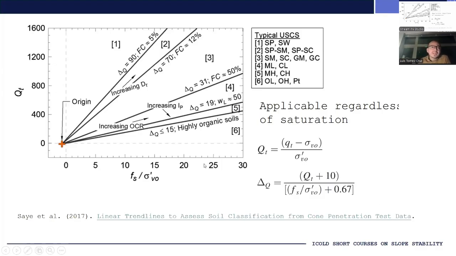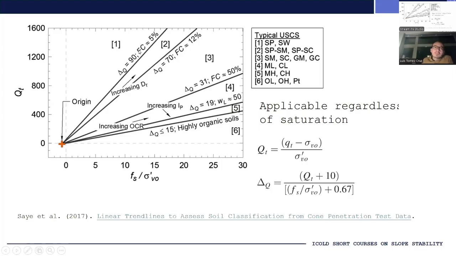So essentially what these charts do is that they have two axes, right? And each axis is a parameter that depends on the results of the CPT sounding. And then the chart is divided into different areas that correspond to different types of soil behavior.